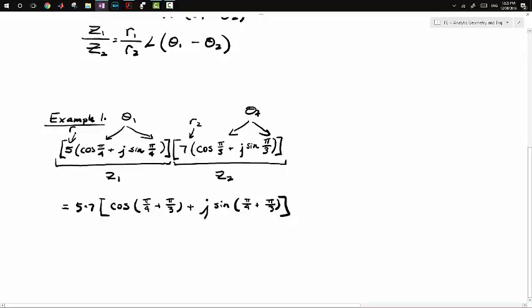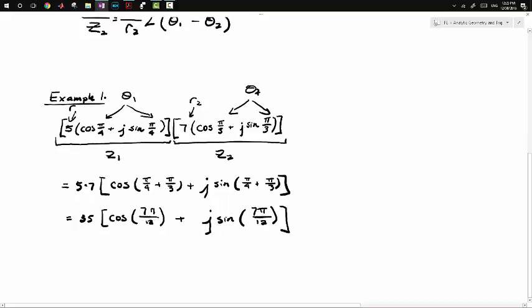So when I compute this, basically I'm going to get 35 times cosine of 7 pi over 12 plus j times sine of 7 pi over 12. Okay. So when I compute this, I'm going to get an estimated answer of 35.